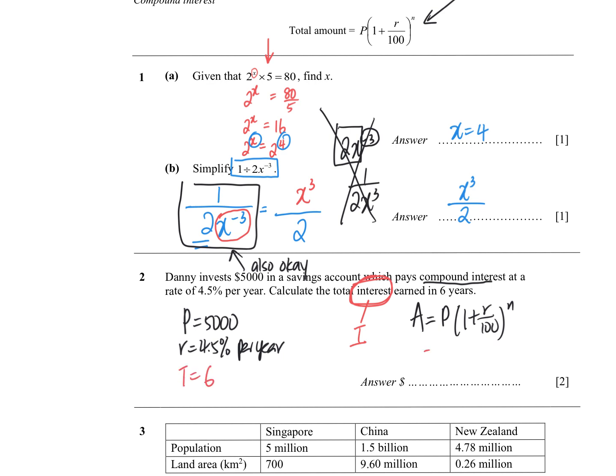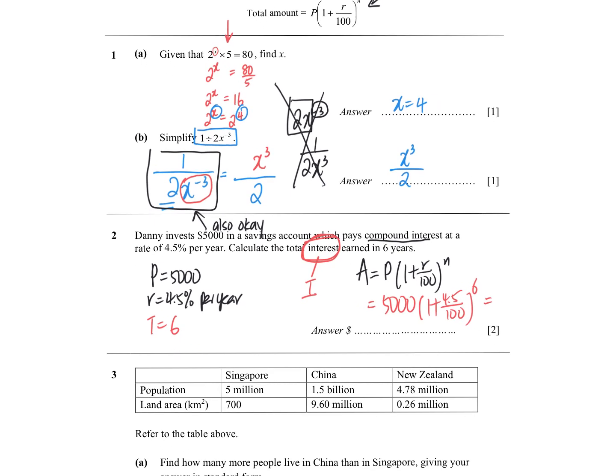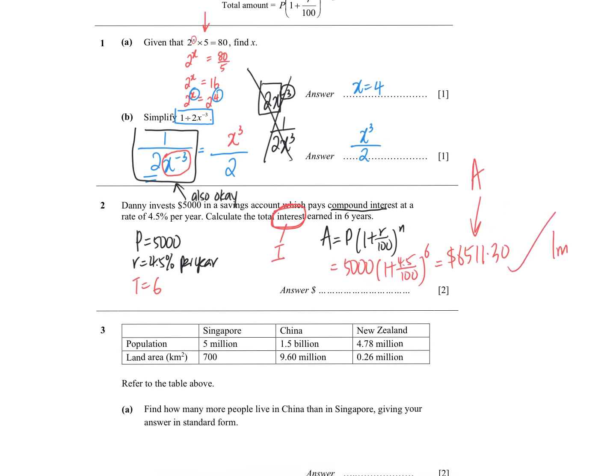I plug in everything into my formula. 5,000, 4.5, power 6. And then the answer that you get, to the power of 6, you will get 6511.30. This is A. So if you show me this, you get your first mark. But question wants interest only.